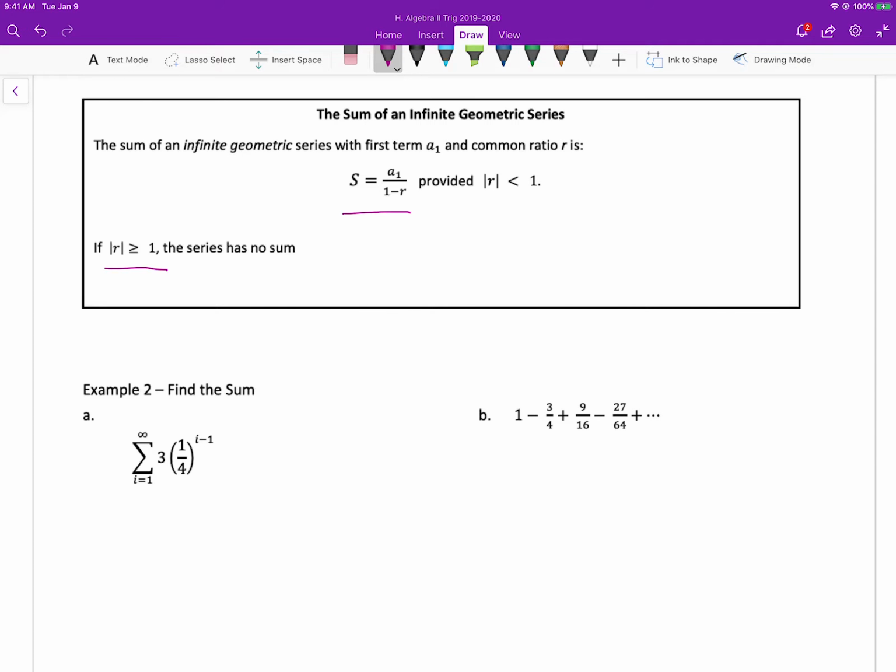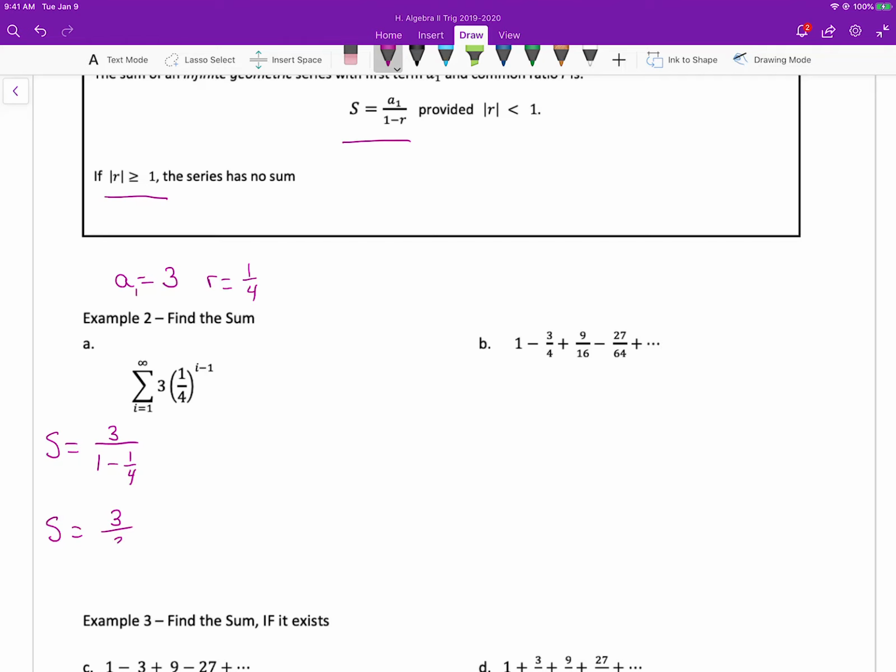And then to simplify that, that will be 3 divided by 3/4. And then when I'm dividing by a fraction, I'm multiplying by the reciprocal. So that will be 3 times 4/3. The 3's cancel out, and my answer will be 4.